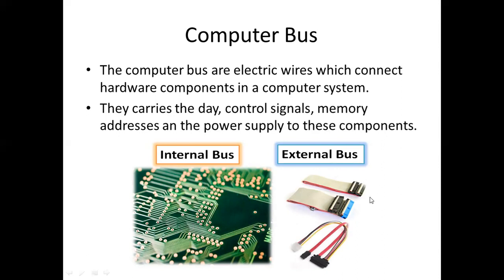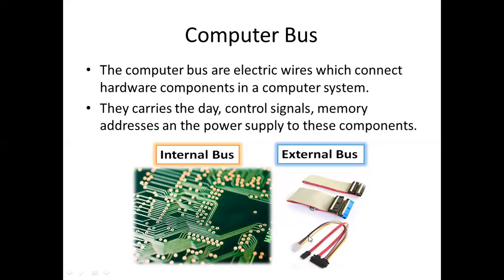And then we have the external buses. Some of them, like this one, you can see is a 32-bit, meaning its length is a little bit smaller. And then we have a 64-bit, and we have other external buses. Remember, these are electrical wires.